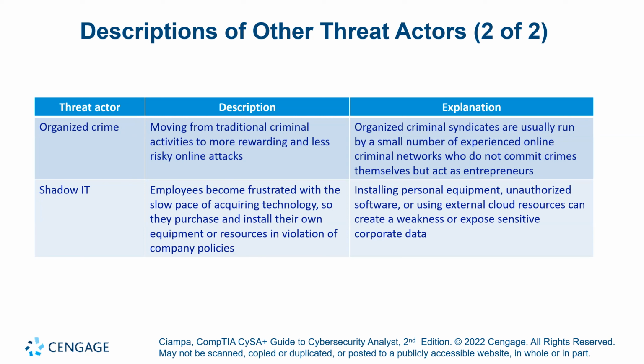Then there's shadow IT. Employees become frustrated with the slow pace of acquired technology, so they purchase or install their own equipment or resources in violation of company policies. Installing personal equipment, unauthorized software, or using external cloud resources can create a weakness or expose sensitive corporate data.